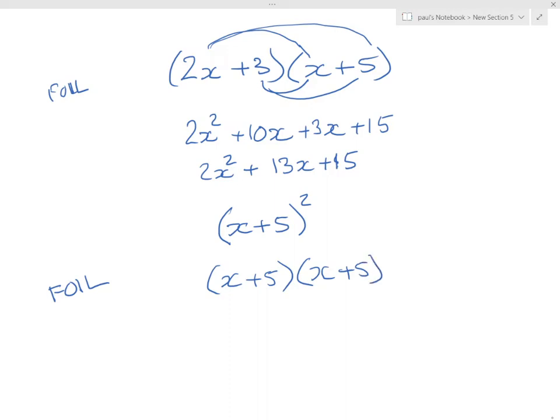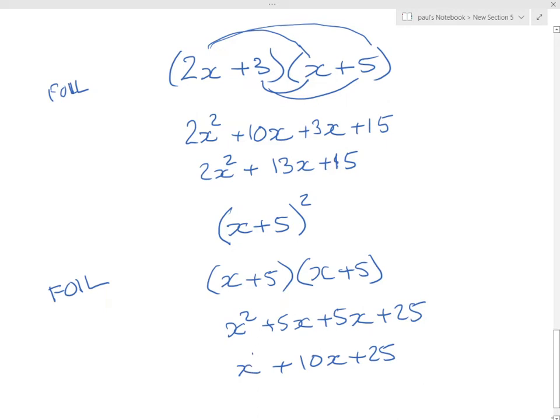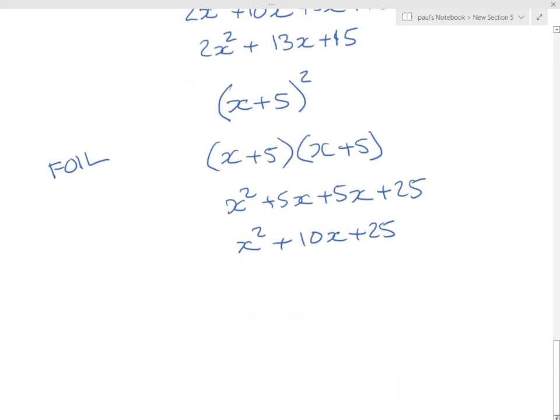And we're back to the double brackets that we can FOIL. x times x is x squared. x times 5 is 5x. And we got another 5x for the inside. And 5 5s are 25. So that gives us 10x plus 25 plus x squared.